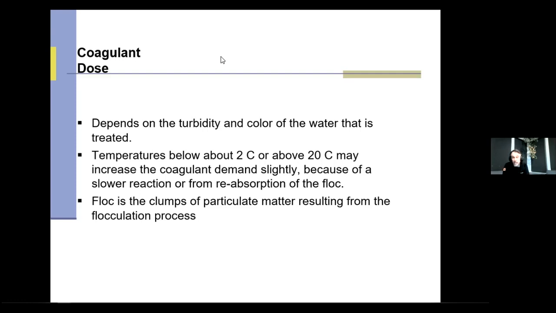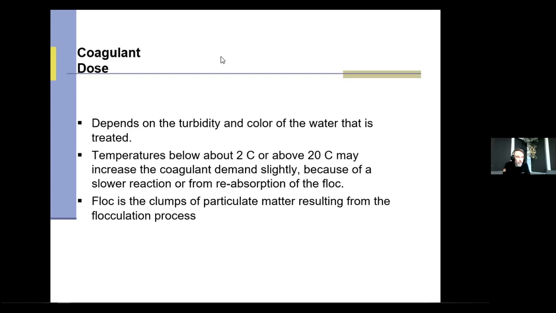Cold water, like water that's 1 or 2 degrees, which is what I'm dealing with today, always takes a bit more coagulant to treat. Whereas water that is over 20, hotter or more room temperature water, also increases the coagulant demand. Slower reaction when it's cold, or sometimes the reaction is actually too fast and it doesn't work.